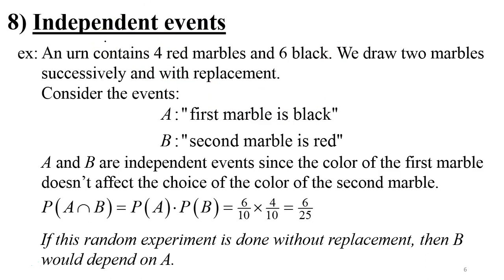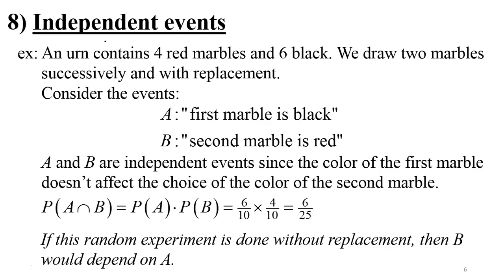However, if this experiment were done without replacement, which means that when I draw the first ball, I note its color and do not put it back in the urn, I just put it aside, in that case events A and B would not be independent.